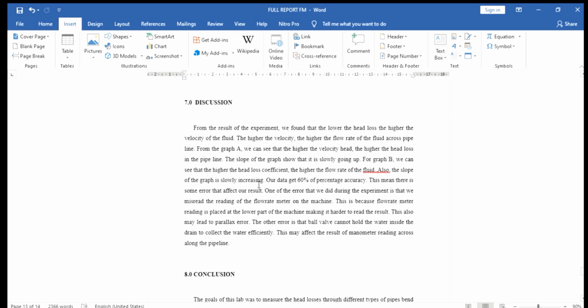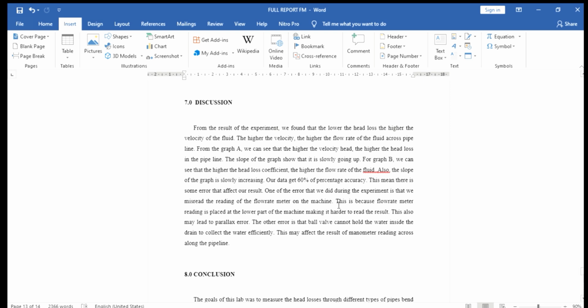So for the accuracy percentage of our data, we get 60%. This is because of some errors that happened when we did the experiment, and one of the errors is that we misread the reading of the flow rate meter on the machine.